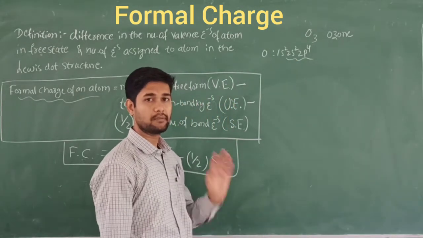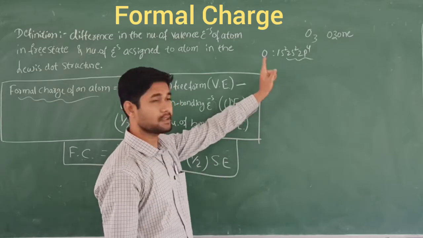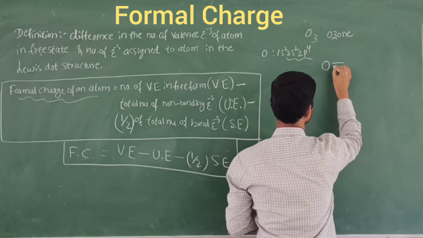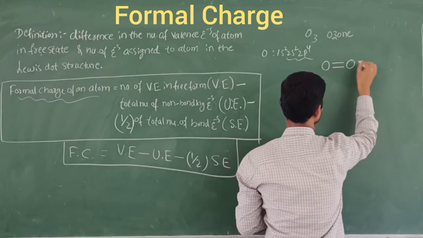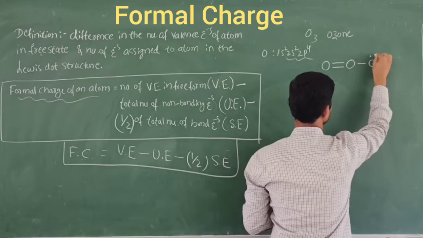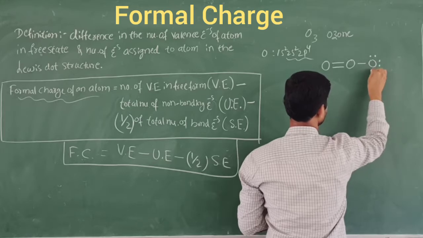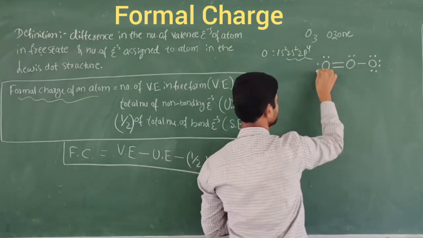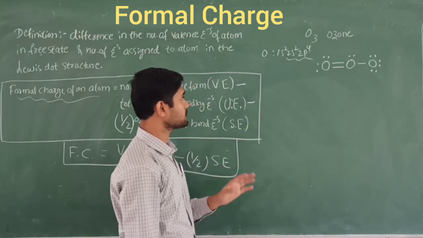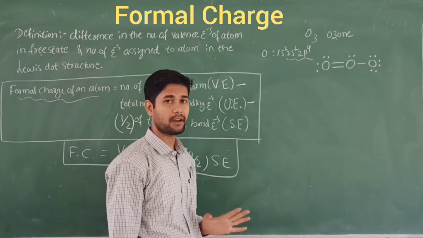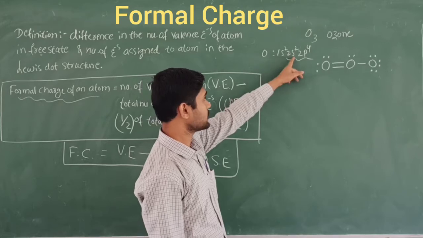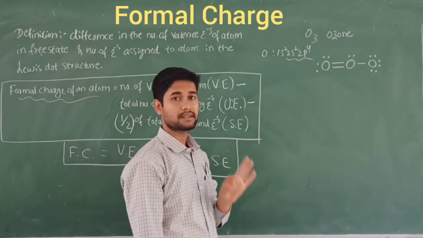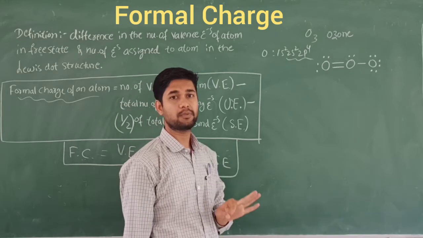So according to the Lewis dot structure, I am going to write the structure of ozone, like this. So this is the Lewis dot structure of the ozone molecule. Let's count the total number of valence electrons and check whether they are satisfied. There are 6 valence electrons for one oxygen, and there are 3 oxygens, so 6 times 3 is 18 valence electrons that should be satisfied.